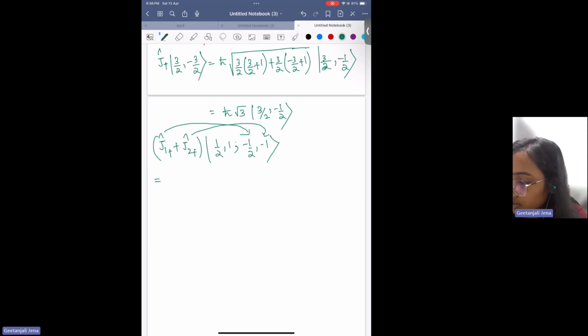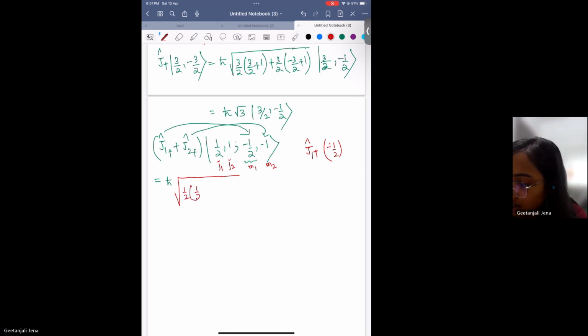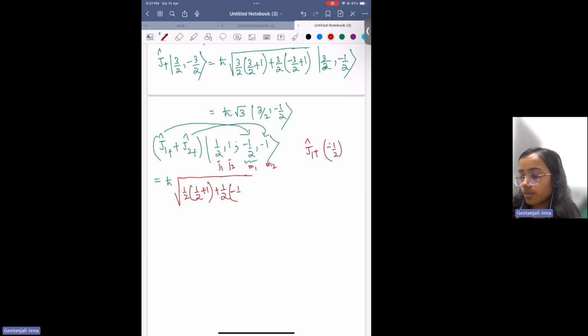When J1 plus acts on this minus half state, we will get ħ √(J1(J1+1) - M(M+1)), with J1 being half, so half into half plus 1. Minus M will become plus M because there is minus half, so it will become half, and M plus 1 is half plus 1. This becomes half 1 half minus 1. So this is the first term.